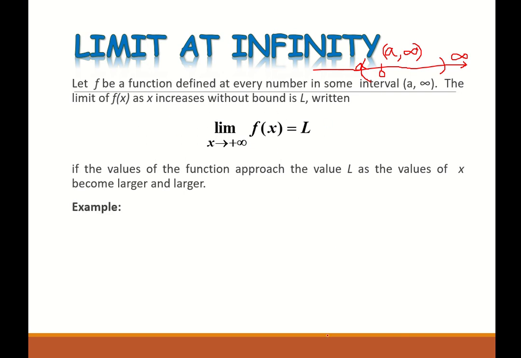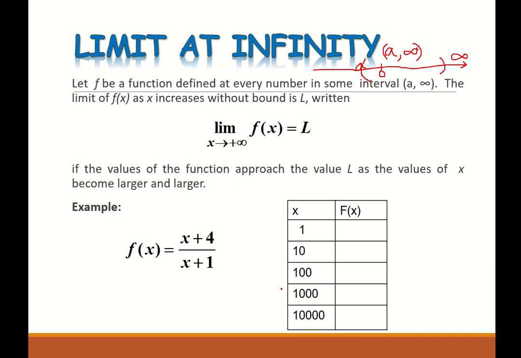Now, for example, if you are given f of x equal to x plus 4 divided by x plus 1, what will happen if x approaches infinity? What will be the limit of the function? We can take this table here. Assuming our x is increasing, we have here a statement that x increases without bound.